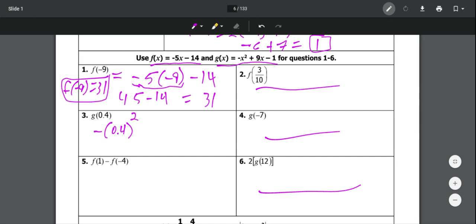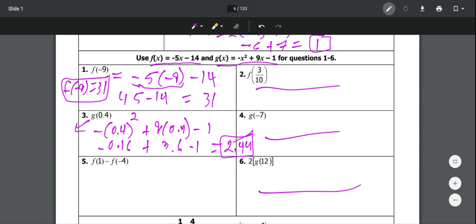So that's going to be squared plus 9 times 0.4 minus 1. That will give us negative 0.16 plus 3.6 minus 1. Plug that on your calculator, you will get 2.44. So that just means that g of 0.4 equals 2.44.